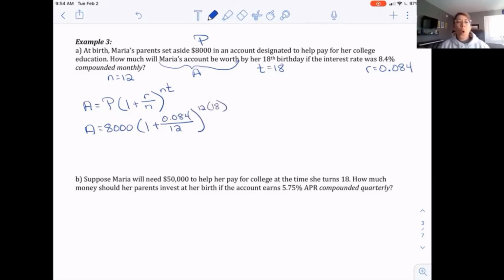I recommend you put all of this in your calculator at once. Otherwise, carry out all of your decimals and be very careful about your order of operations. Let's take a look at what that would look like in our calculators.